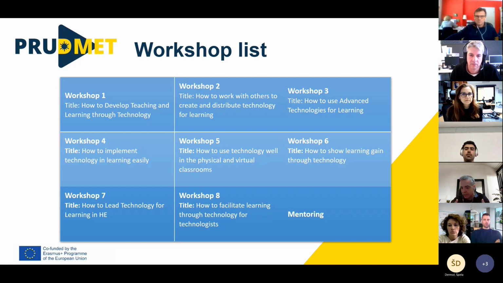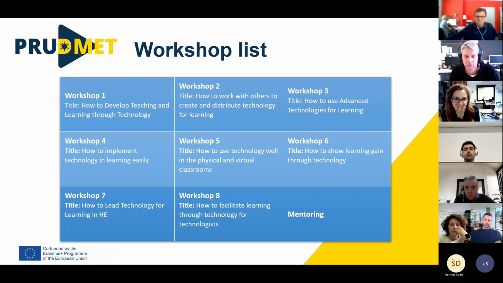The idea is to understand how to implement and use the technology, collaborating with other colleagues or technicians in the same institution, and at the end achieve a higher improvement in the achievement of the objectives of the students.